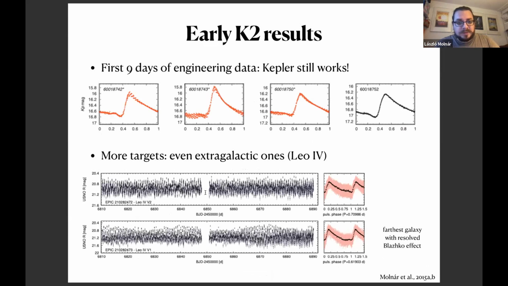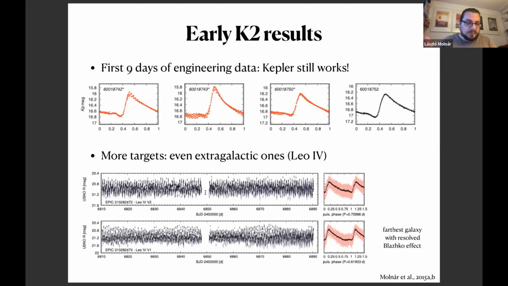At the start, we presented 2 results. First, from the very first data set, the first 9 days of engineering data, we pulled out the light curves and showed that Kepler still works and is able to give high precision photometry for RR Lyrae stars. And then we looked at a small dwarf galaxy next to the Milky Way that included 3 RR Lyrae stars.